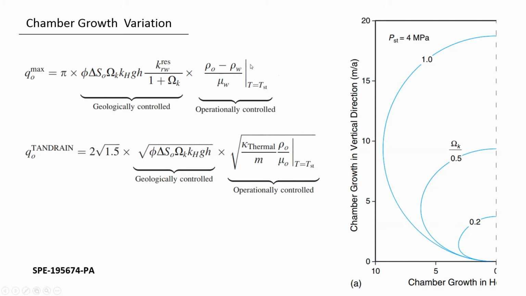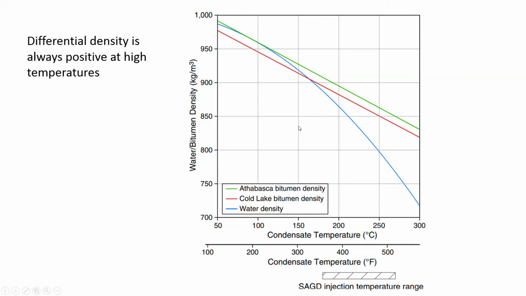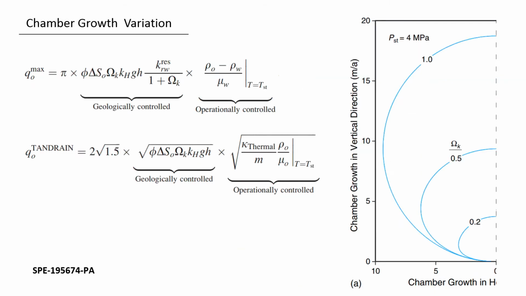This equation highly relies on the density difference between oil and water and the viscosity of the water, whereas this one only relies on the viscosity of oil. And as you know, at higher temperature, the differential density between the water and oil increases for all the bitumens. So that means at higher temperatures we get more instability, so we get a higher ramp up pace.